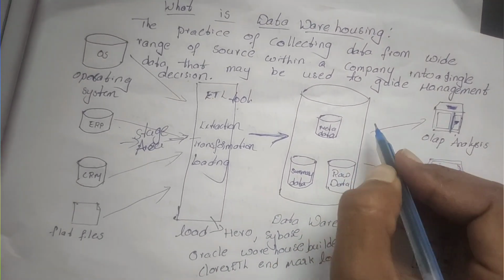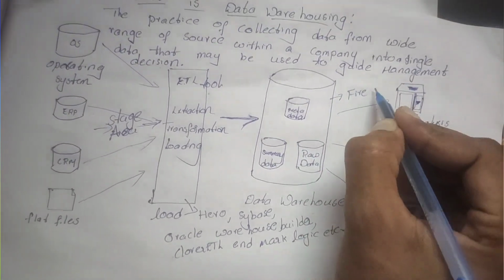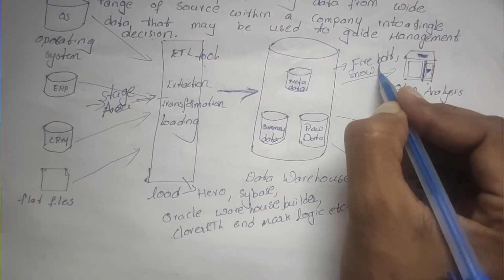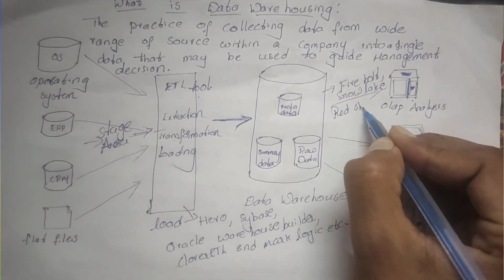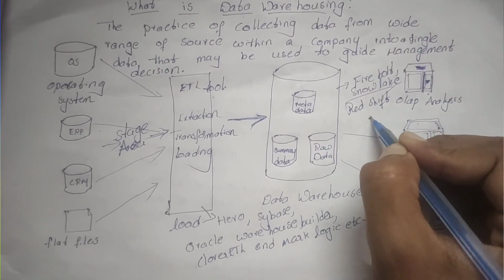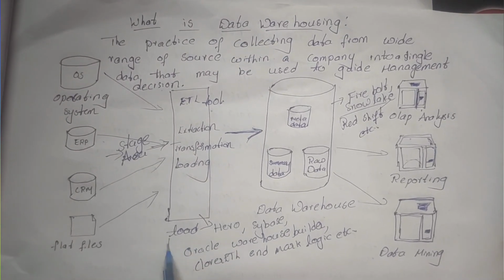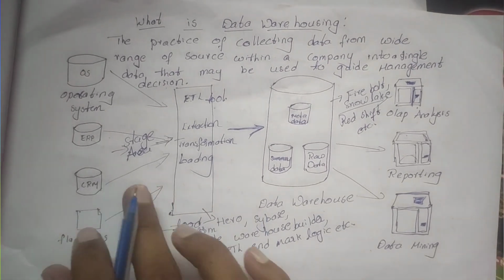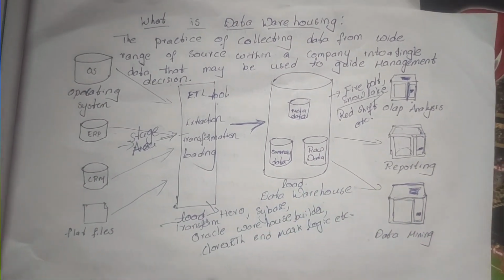Here the most commonly used data warehouses are Firebolt, Snowflake, Redshift, etc. Here it's transform the data to the data warehouse, and here it's load. It contains three steps.